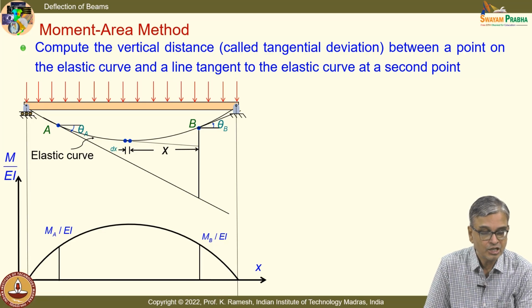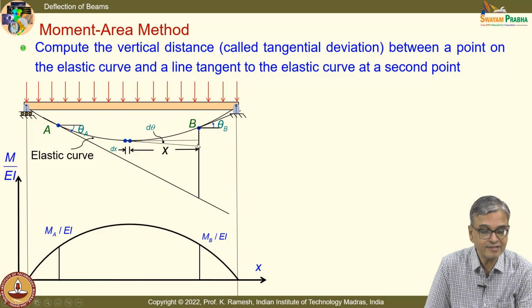Okay. And what you have is, suppose I have 2 points which are taken at a distance of delta x or dx, I draw the tangent at these 2 points. I will also find out what happens in this. This is d theta, this is at a distance x.